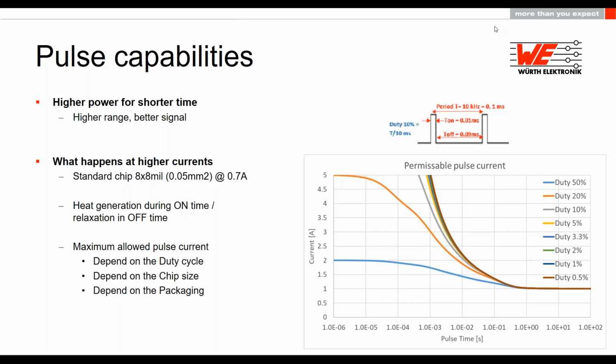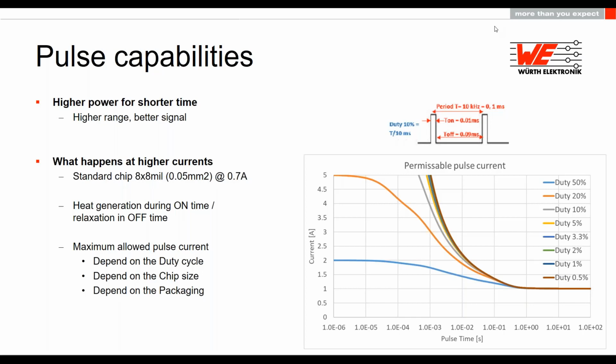But if you reduce the duty cycle to 20%, then we can have around 300% more current than the standard current that we use for continuous operation, and so on, going on until we reach a limit where we can also damage the LED.